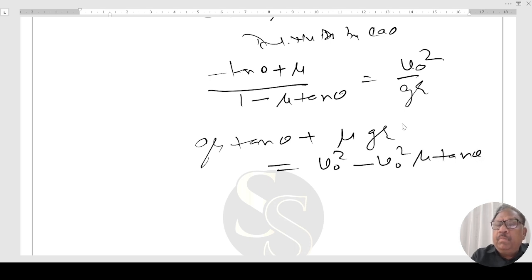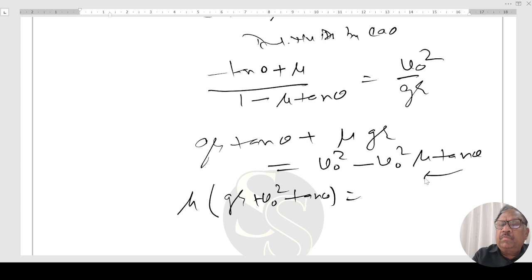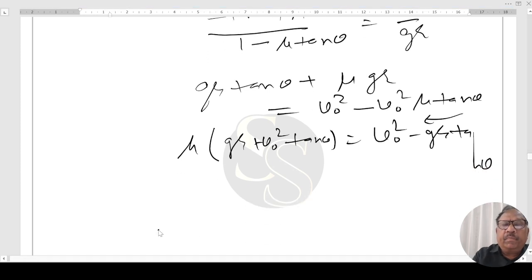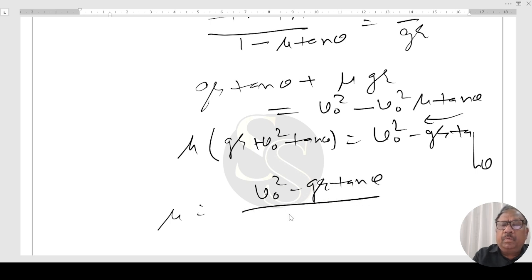Now the requirement is mu. Taking mu common: mu times (g r plus v naught square tan theta) equals, shifting this over, v naught square minus g r tan theta. So mu comes out to be v naught square minus g r tan theta upon v naught square tan theta plus g r.